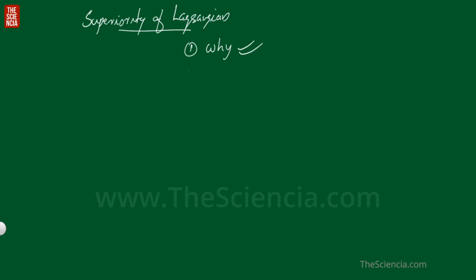And if you are a physics student, you must ask these questions: why, what, and how. If you are asking these questions constantly, your understanding of the subject will constantly increase. So don't watch my classes passively.